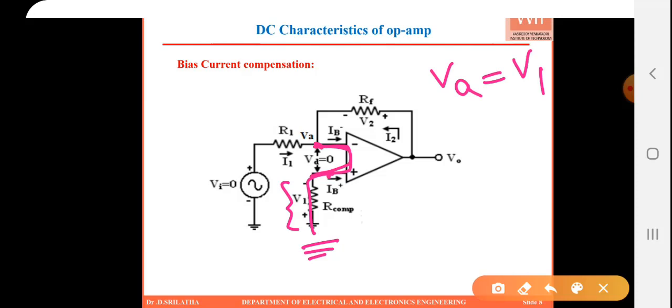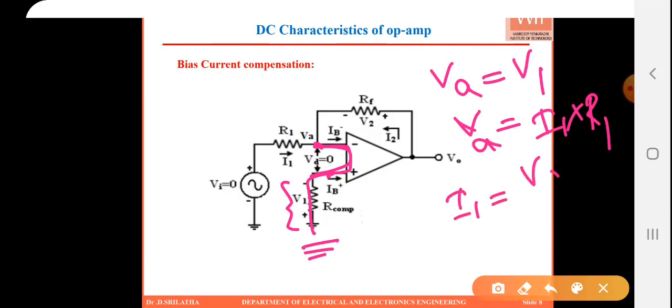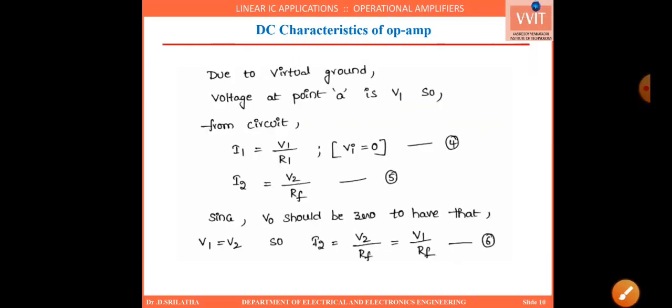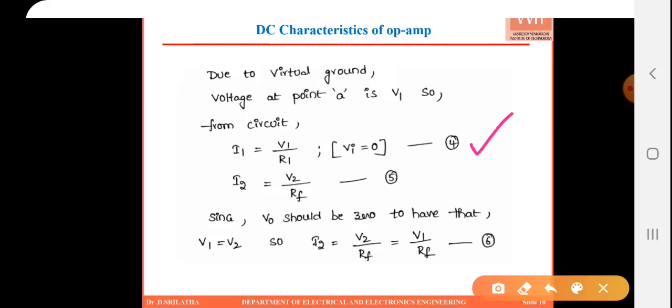VA can be written as I1 into R1, so I1 is VA by R1, which is V1 by R1.